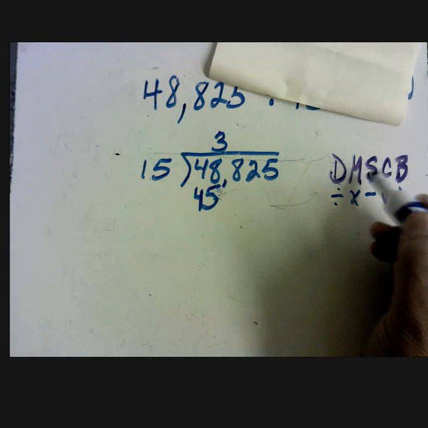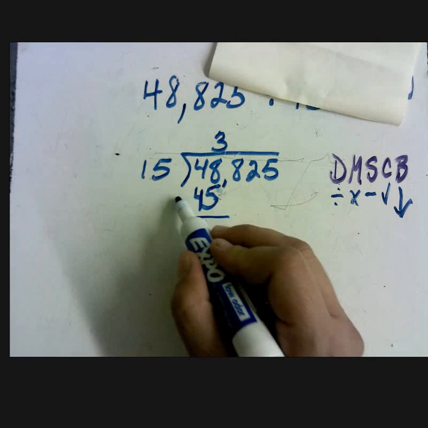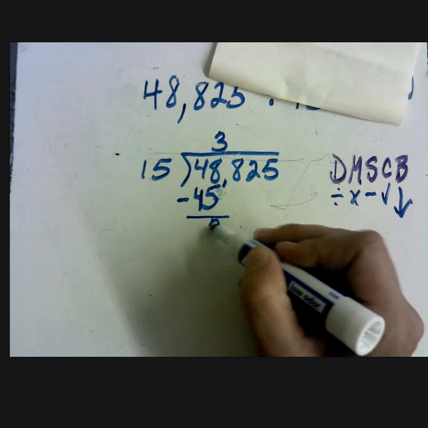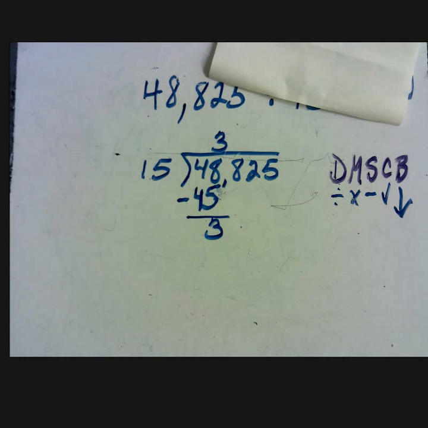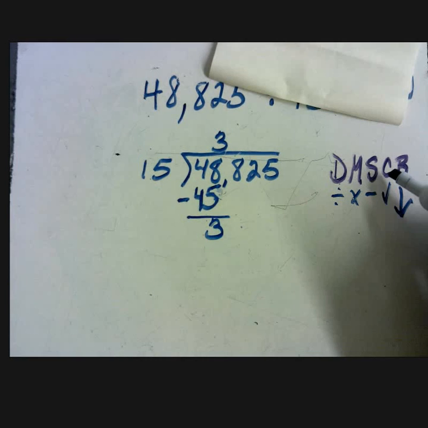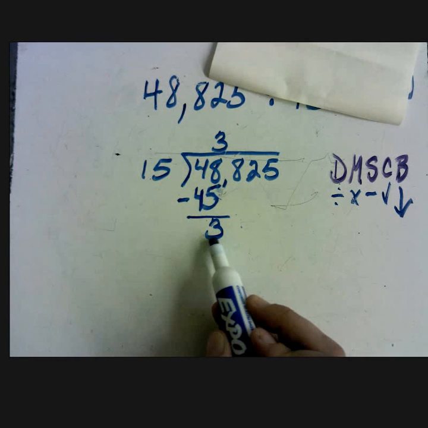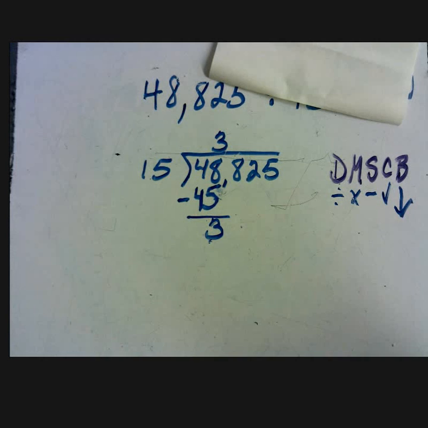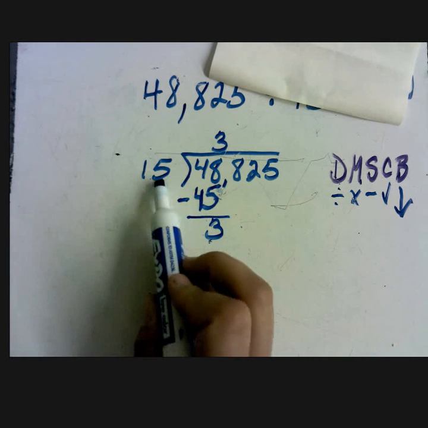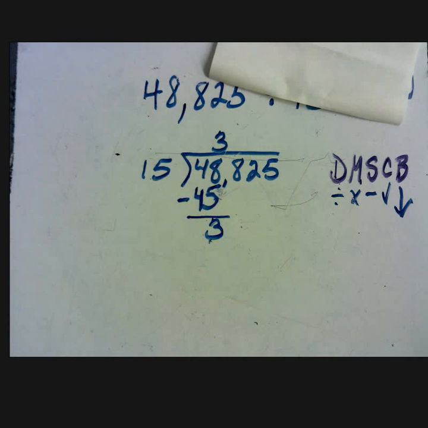Okay? The check is important because you want to make sure that what you're left with after you subtract has to be less than 15, otherwise you did something wrong. And when we work with bigger numbers, it's really important to check that. Next step is to bring down. So I'm going to bring down the 8. Okay, again, I'm only looking at that for now.